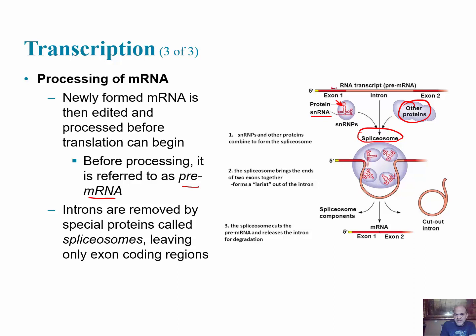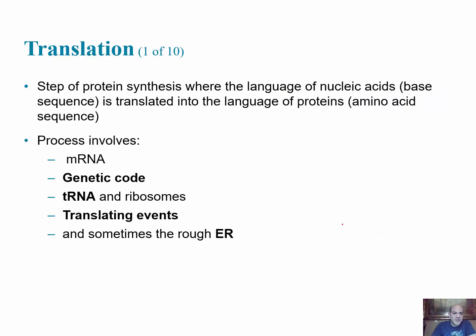Here's exon 1 and exon 2, and we need to cut out that intron. So the spliceosome, which is this complex body right here, will help form a loop of the intron, cut that loop out, and then splice together the two ends so that now exon 1 and exon 2 are together. And so when we finish that and make our mature mRNA, that mature mRNA will go out into the cytoplasm to begin the translation process.